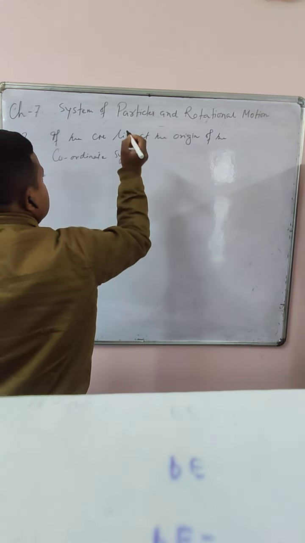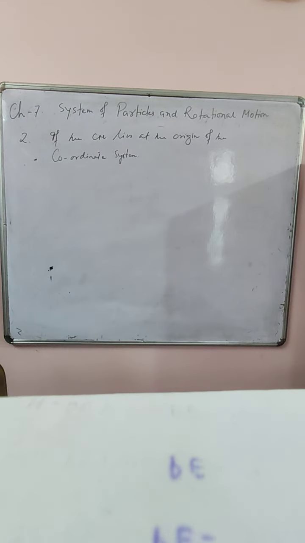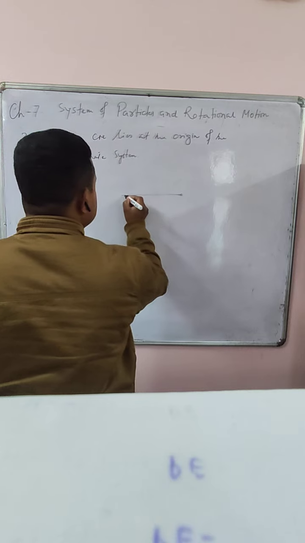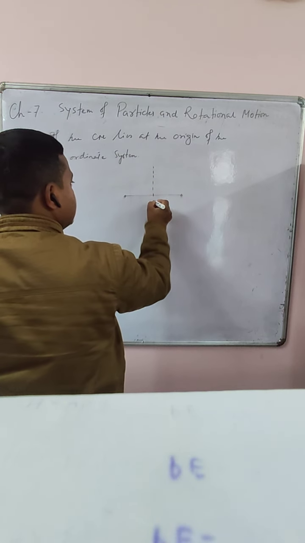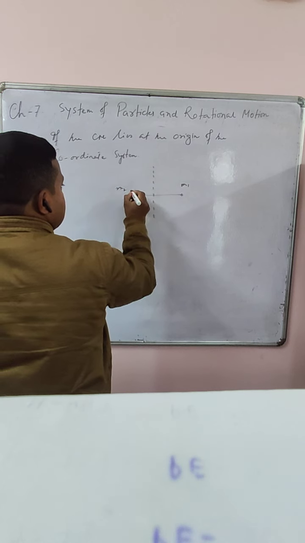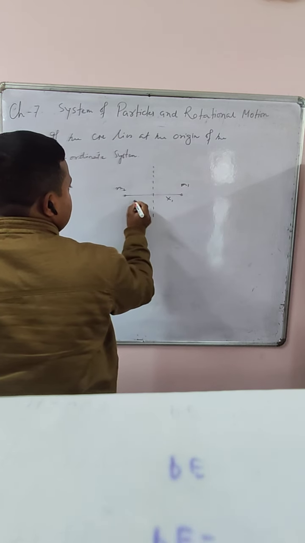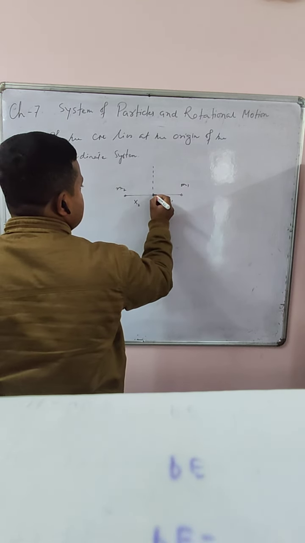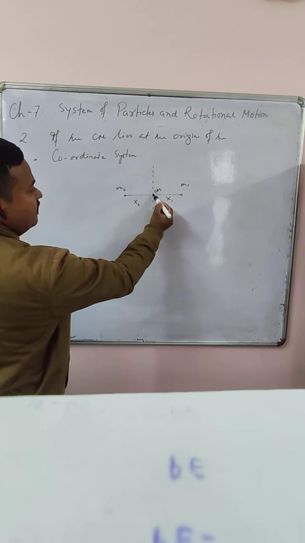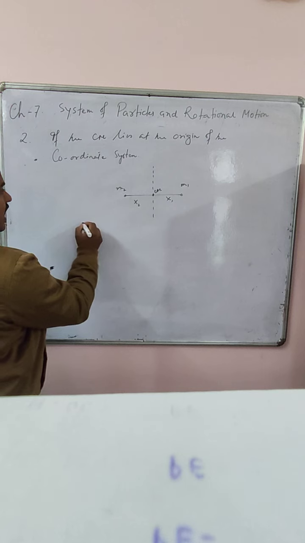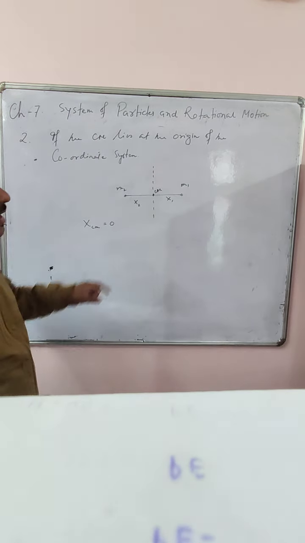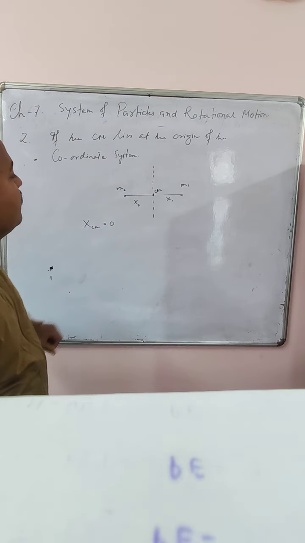So suppose this is a coordinate system, here suppose m1 and this suppose m2. This is x1, this suppose x2, and here this is center of mass. So here center of mass lies at the origin. So what happens? Your xcm will be 0, because it lies at the origin.